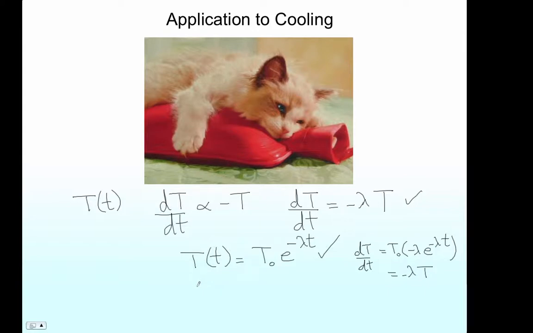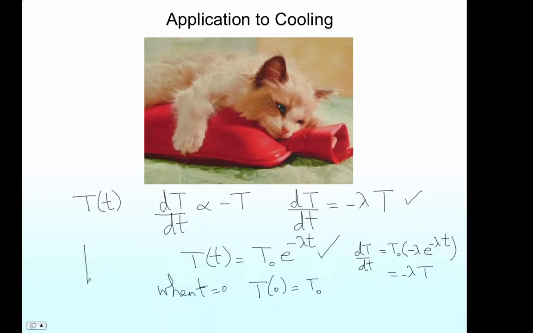Now clearly, when t is equal to 0, in other words, when this hot water bottle has been filled up for the first time, then T of 0 will be T naught. So this T naught over here tells you what the temperature will be at the very beginning.